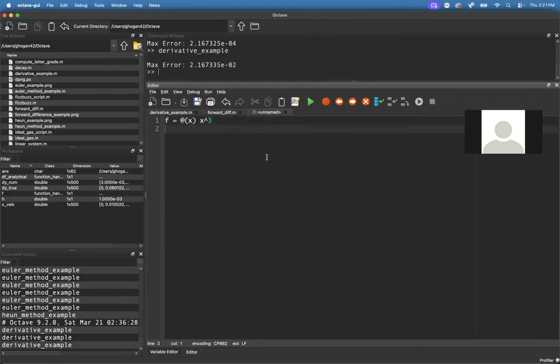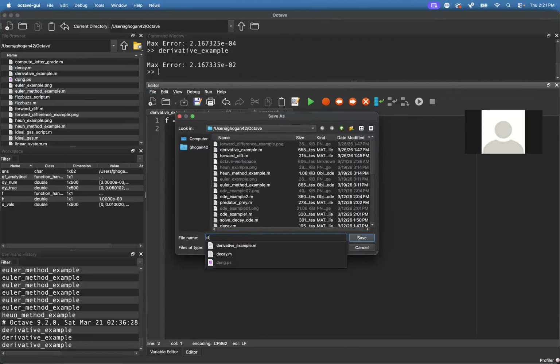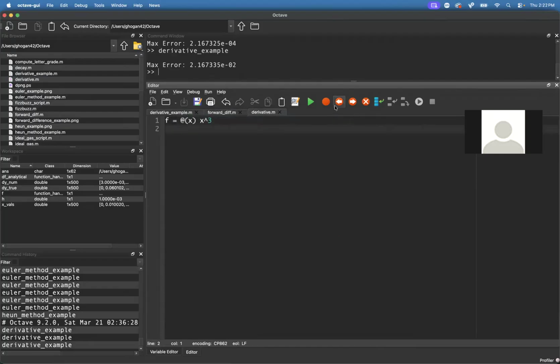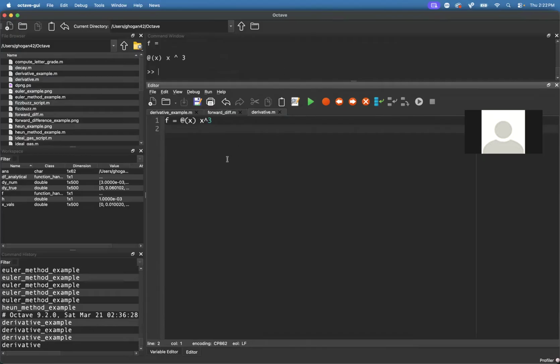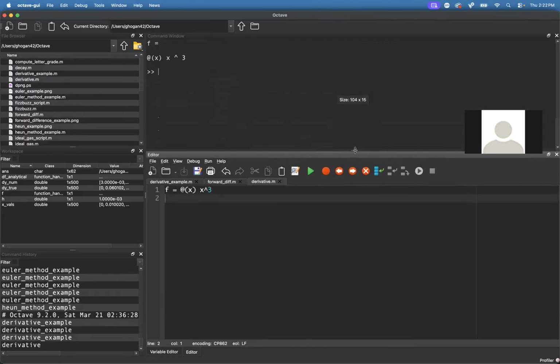So I'll save that. I'll call this something. What do we call it? derivative.m. So right now, if I run this, okay, it runs good. And if I were to just pick an h value, like h equals 0.1, and I pick an a value, let's say a equals 2, we'll put semicolons there.